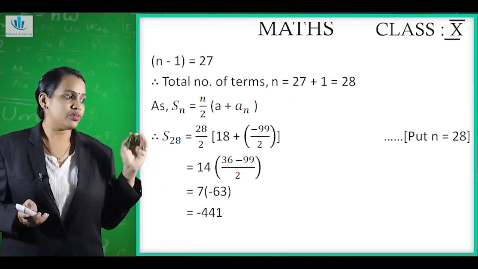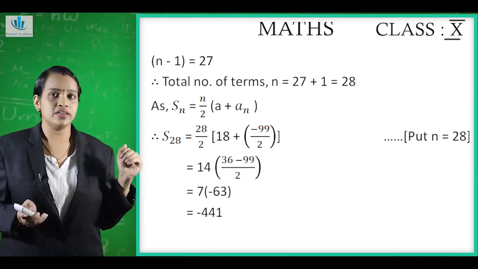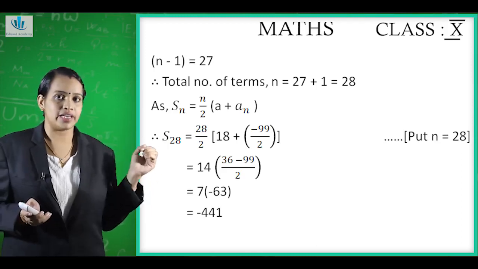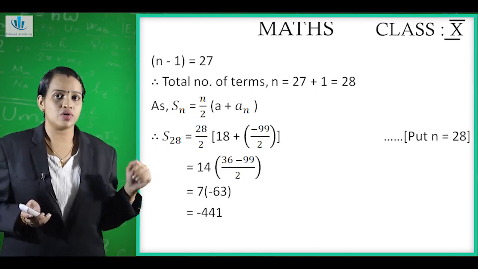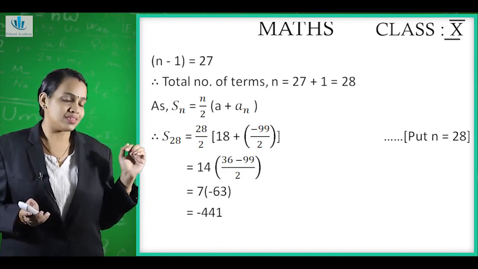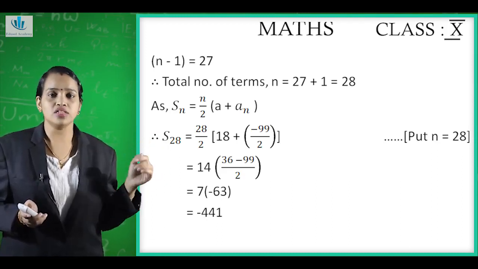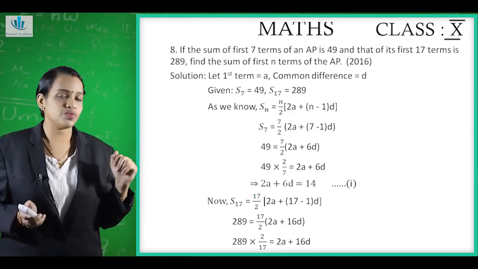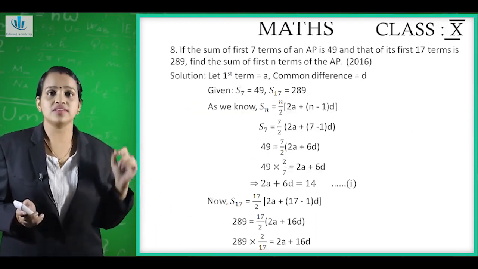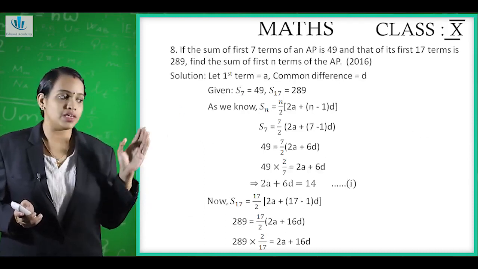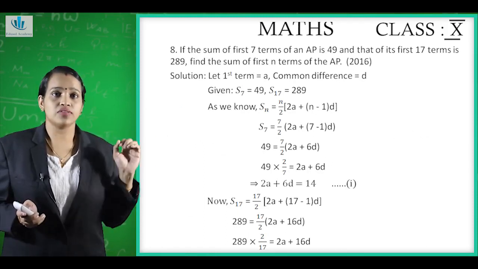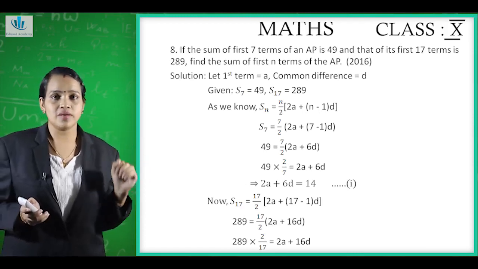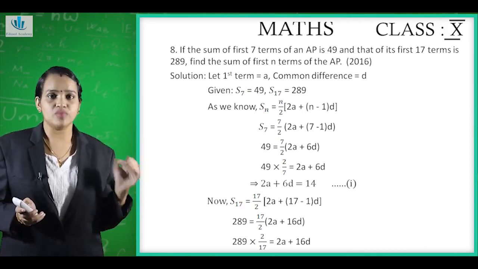Therefore, it is equal to 28/2 which gives 14 into, when we solve the bracket, (36 minus 99)/2, which is equal to 7 into −63, which is equal to −441.